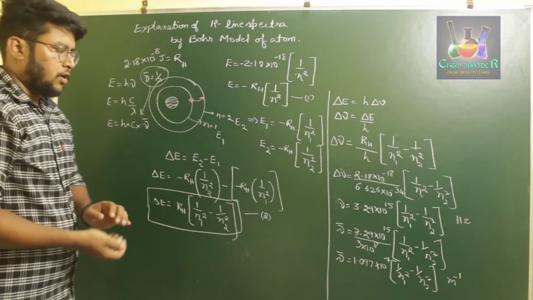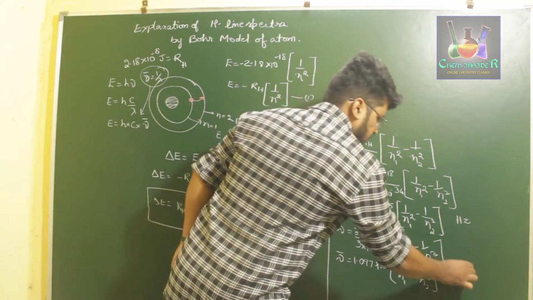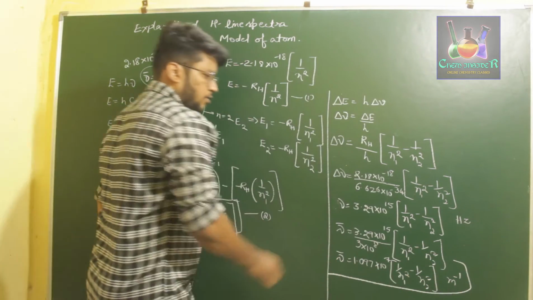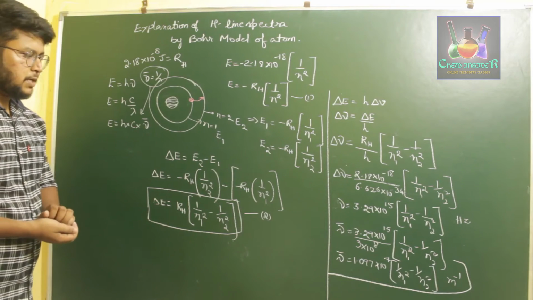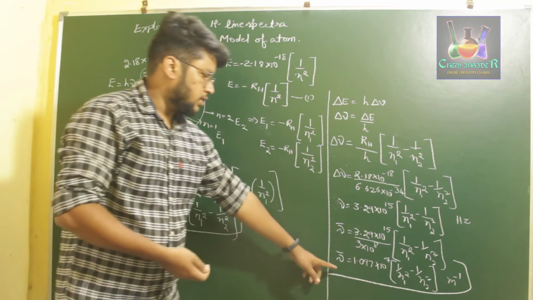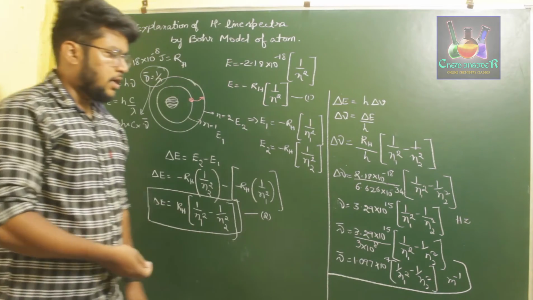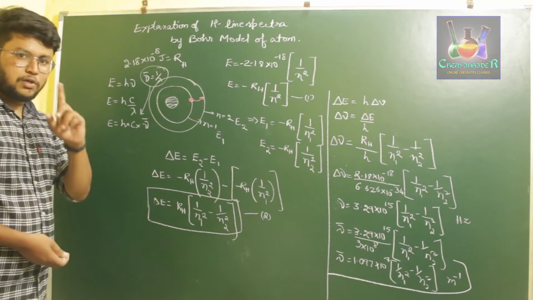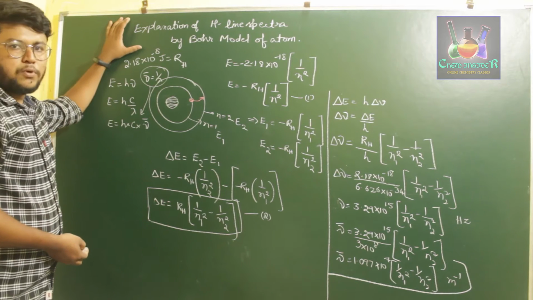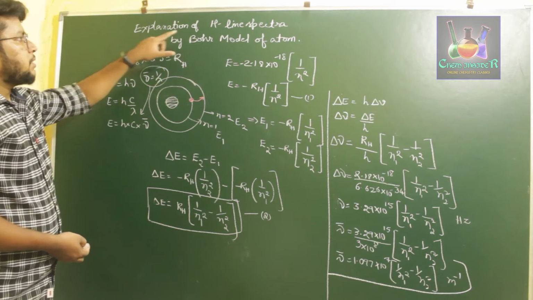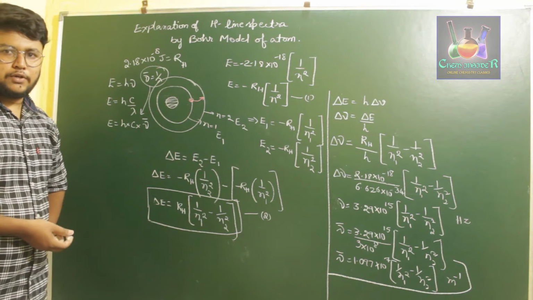So if you observe here, using Bohr's model of an atom, we have determined the formula of Rydberg's hydrogen line spectrum. That is nu bar is equal to 1.097 into 10 power 7 into 1 by n1 square minus 1 by n2 square in terms of per meter. So what we are saying is, by using Bohr's model of an atom, we can explain the line emission spectra of hydrogen.